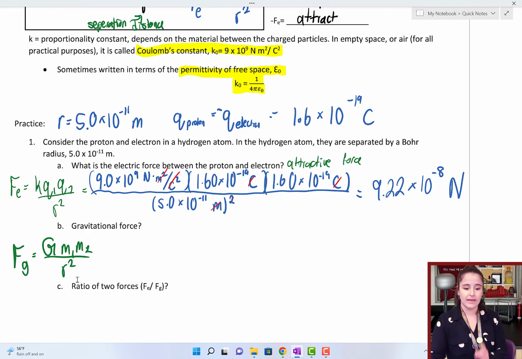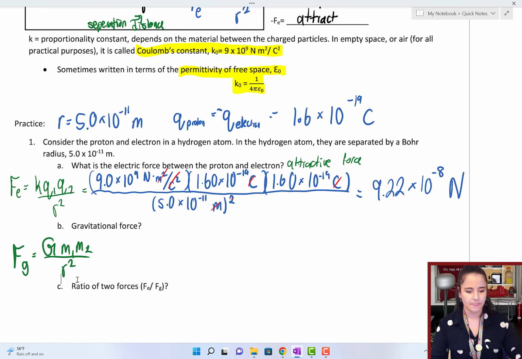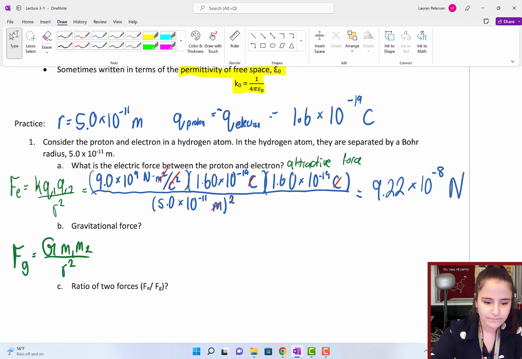Now, the masses and G can be found on your AP Physics 2 reference sheet. So I'm just going to look at that reference sheet to plug them in.